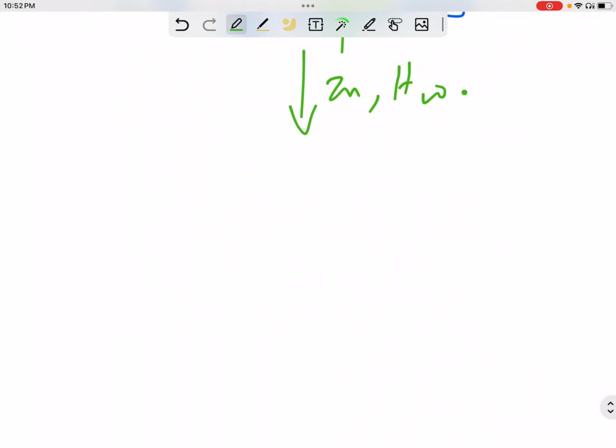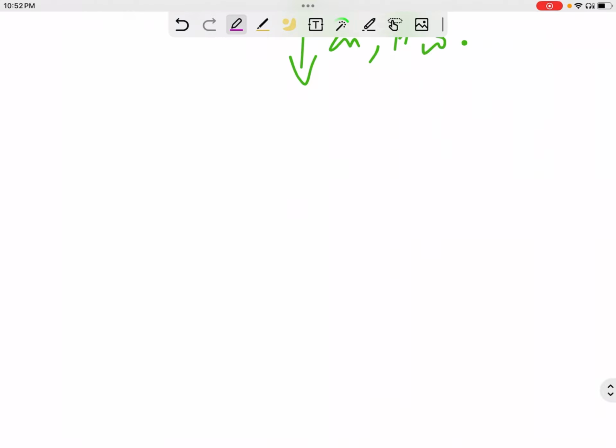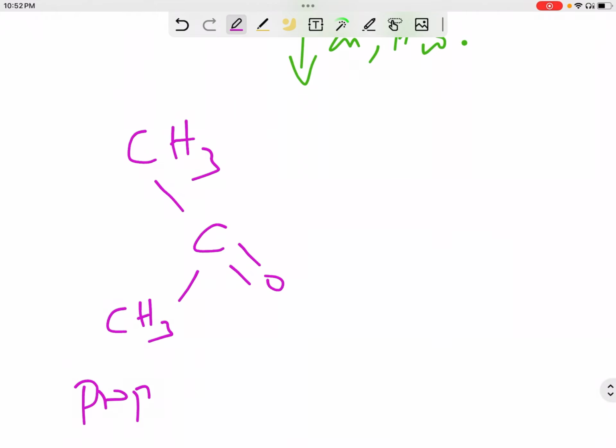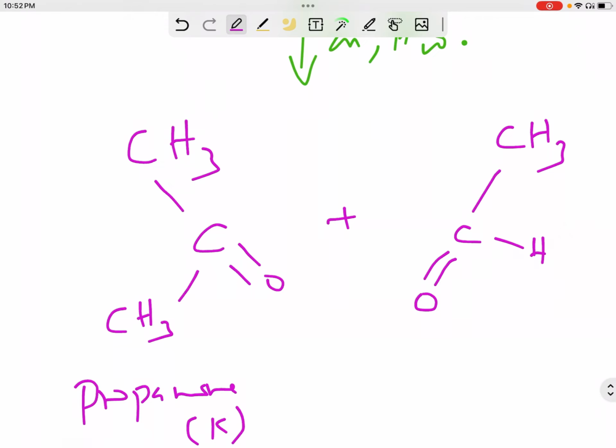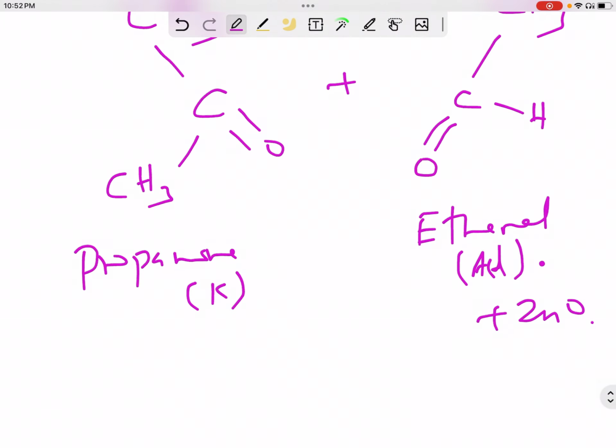So you are getting a double bond over here. The final product will be C double bond O with CH3. This is a ketone, which is propanone. Then the other product, with the C double bond O and H, is an aldehyde, which is ethanal, and you have the byproduct ZnO as well.